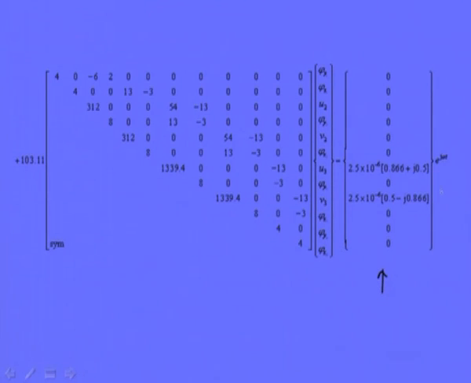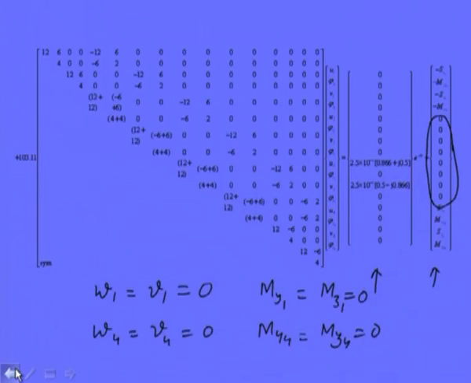All the internal forces we are keeping 0 here. All other non-zero internal forces, those equations we eliminated as in the previous case. So, once we apply the boundary condition, the assembled matrix will reduce to a smaller matrix.